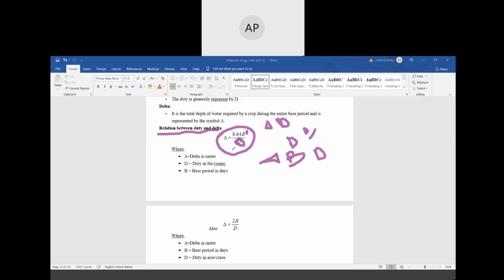If base period and delta are given and you have to find D, then you have to use this formula. Here delta is in meters, D is the duty in hectares per cumec, and B is the base period in days. Also, another relationship is delta equal to B divided by D.